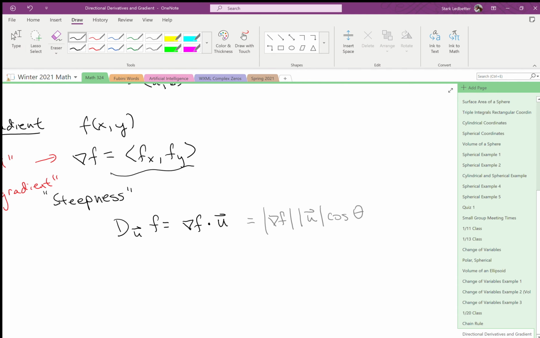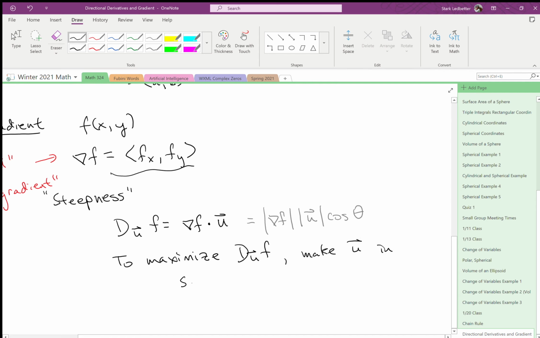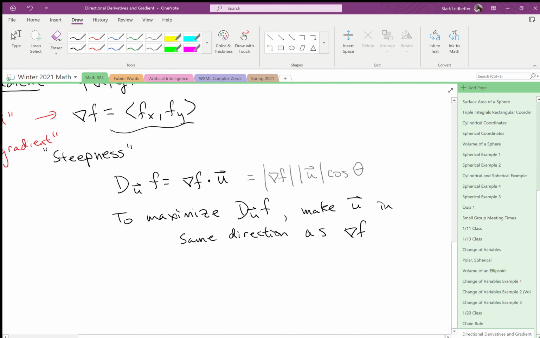So the reason for doing this is to say that to maximize the directional derivative, we have to make the vector u go in the same direction as our gradient vector. Not delta, upside down is del.